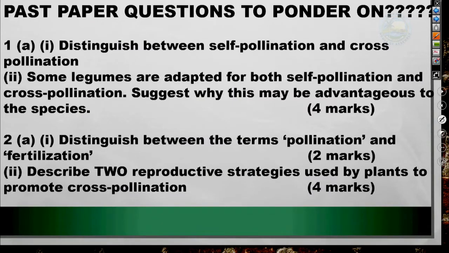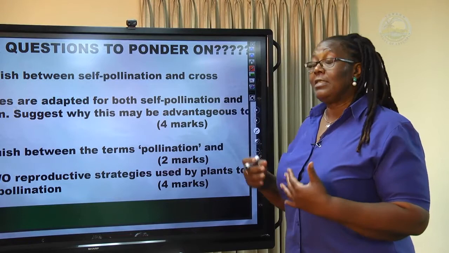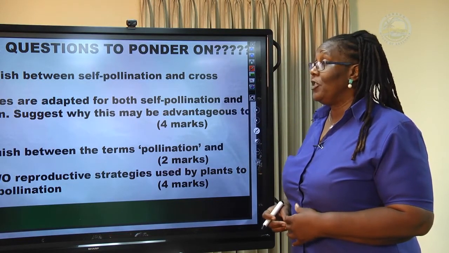So we come back to the past paper questions. Distinguish between self-pollination and cross-pollination. How do you know the difference between them? I can hear you shouting your answers. Self-pollination will only involve the passage of pollen grain from the anther of one flower onto the stigma of a flower, either of the same flower or another flower on the same plant of the same species.